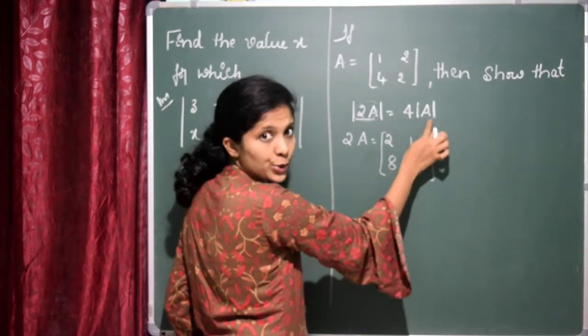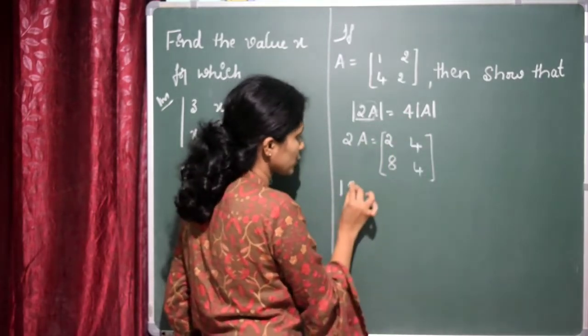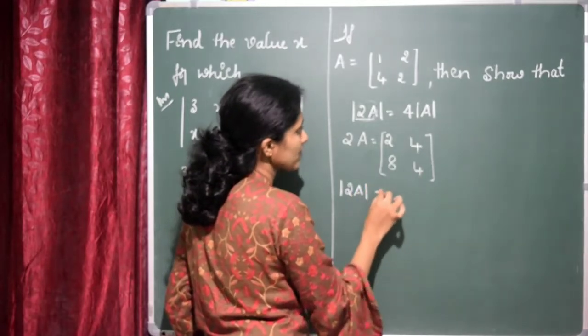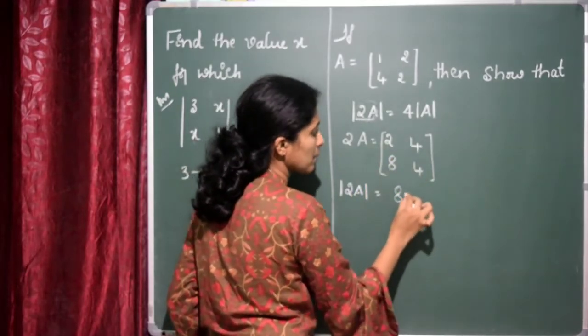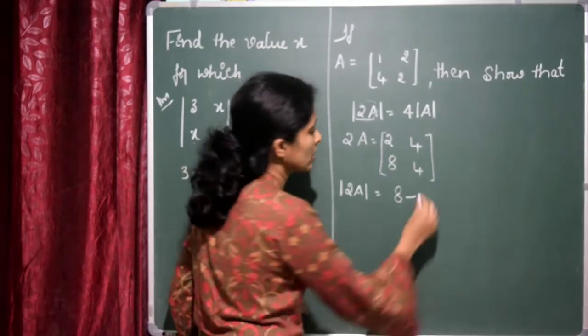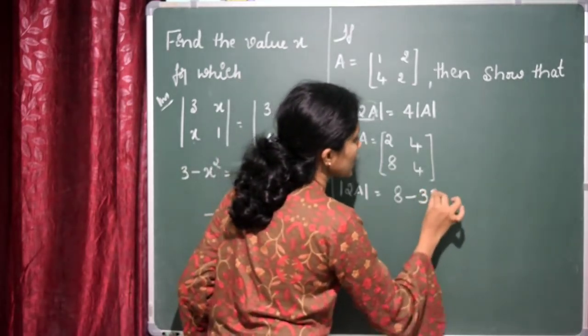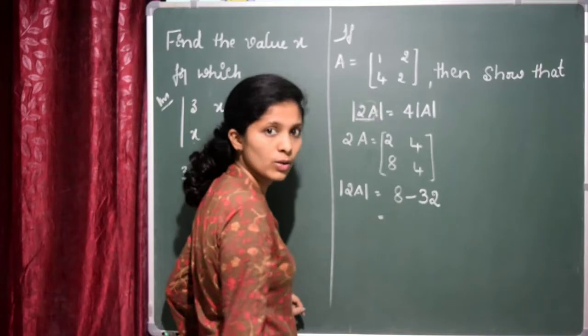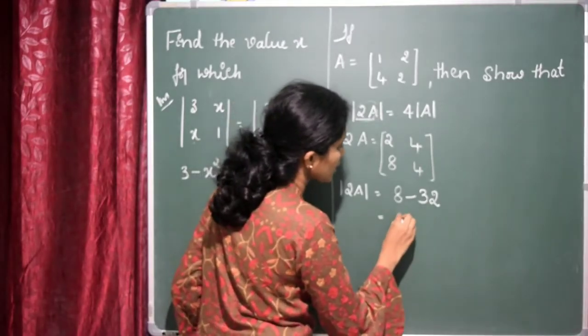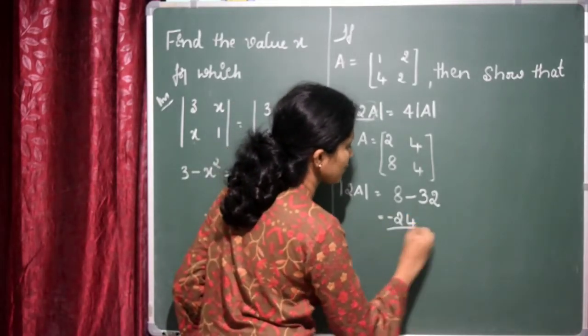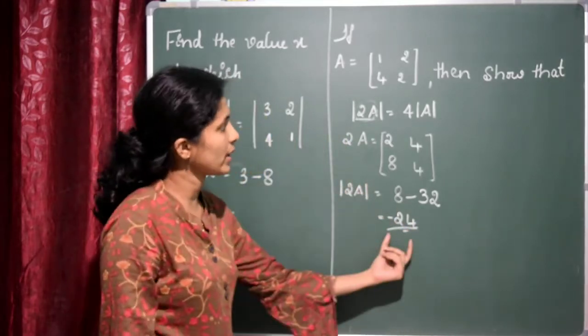Now this is 4 into determinant of A. First we will find the determinant of 2A. What is the determinant of 2A? 4 into 2 is 8 minus 8 into 4, 32. This is equal to now 32 minus 8 will be 24. Sorry, minus 24, right? So the value of the determinant is now minus 24.